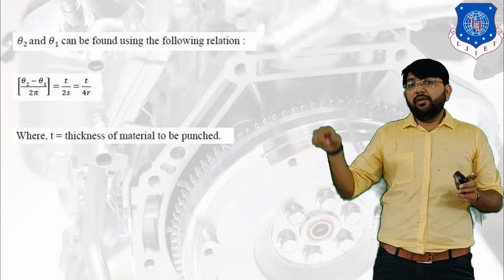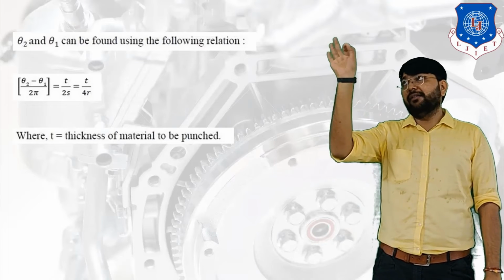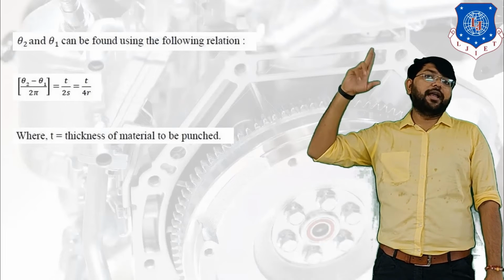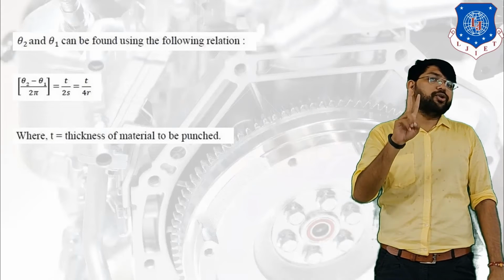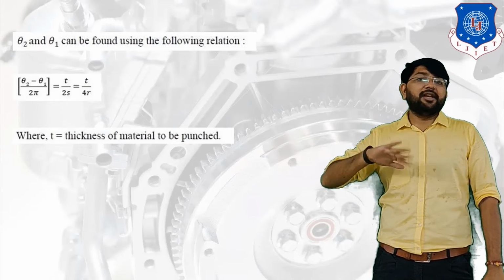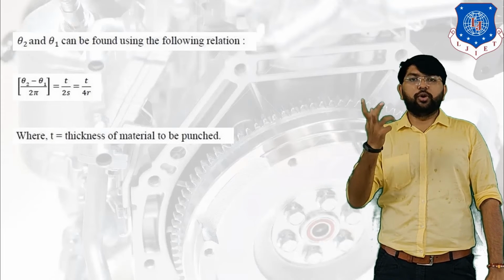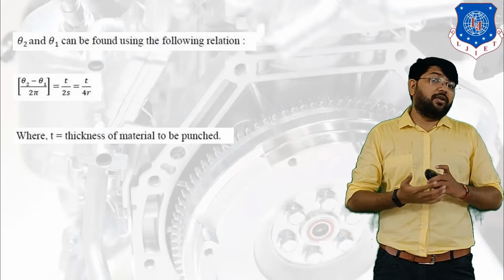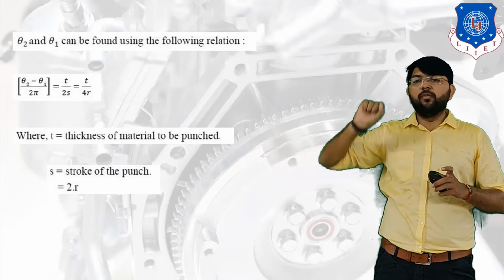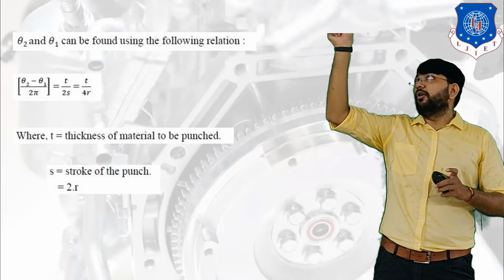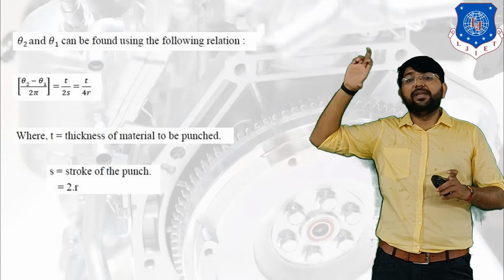During one revolution two strokes occur. One downward stroke, that duration is 0 to pi. One upward stroke, that duration is pi to 2 pi. So during one revolution two strokes occur, and instead of 2 pi you can write 2s, meaning 2 strokes. Now what is the length of a stroke? In one stroke the piston moves from the top end to the bottom end, and the crank moves from theta equal to 0 to pi, which means the diameter of the crank.